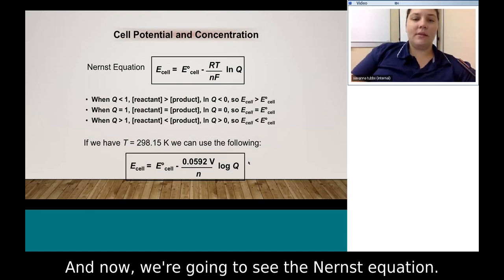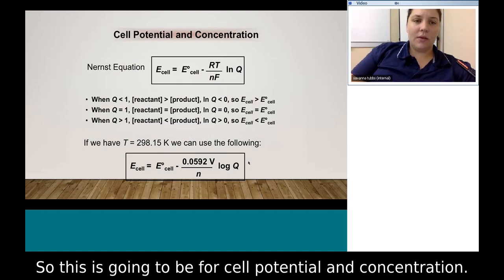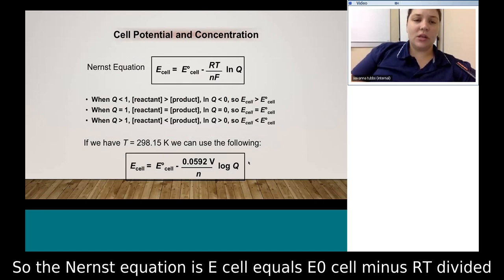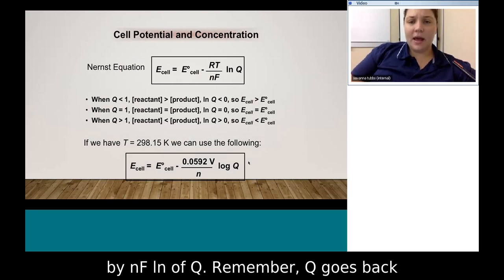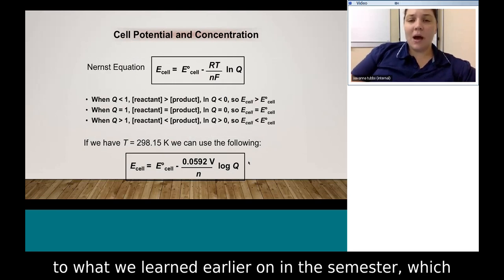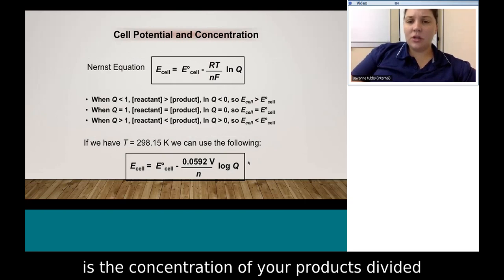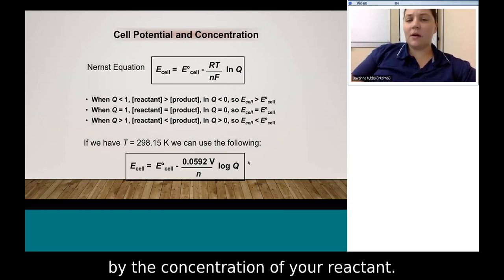And now we're going to see the Nernst equation. So this is going to be for cell potential and concentration. So the Nernst equation is E cell equals E naught cell minus RT divided by nF ln of Q. Remember, Q goes back to what we learned earlier on in the semester, which is the concentration of your products divided by the concentration of your reactant.